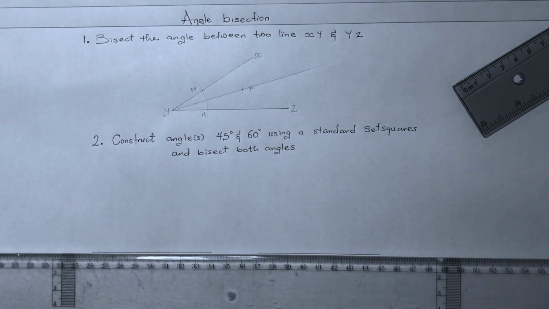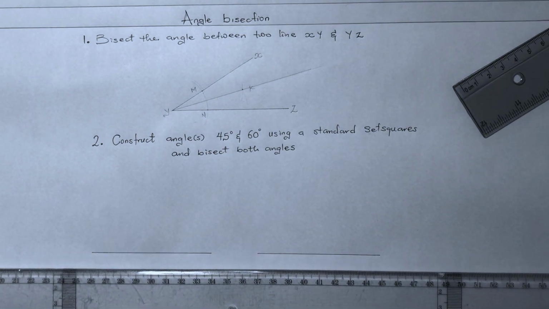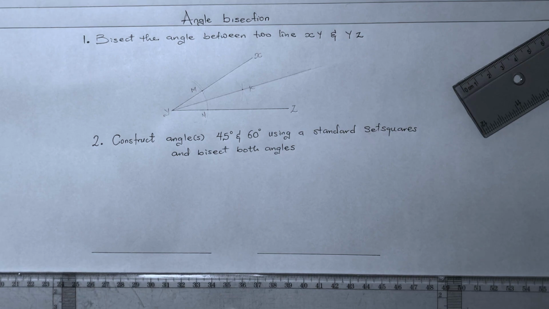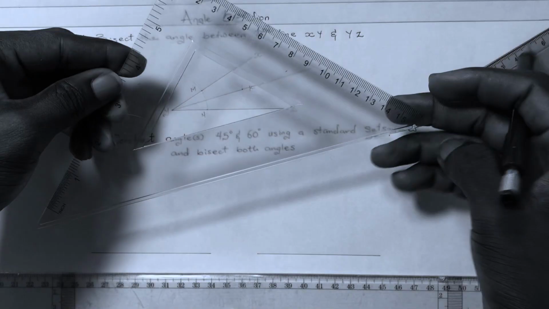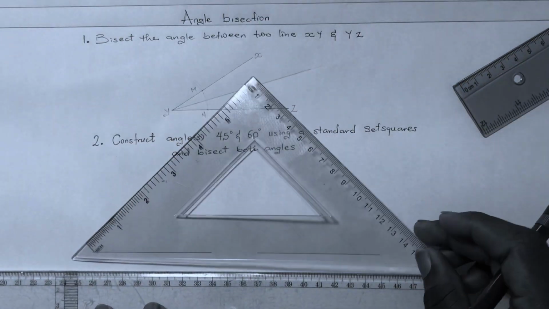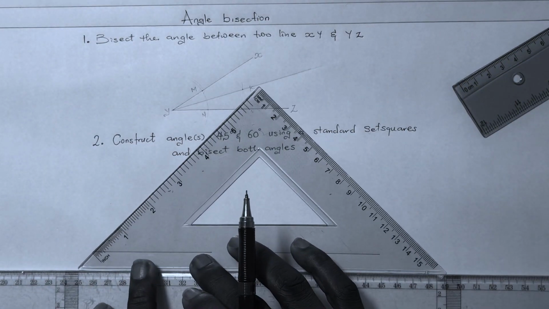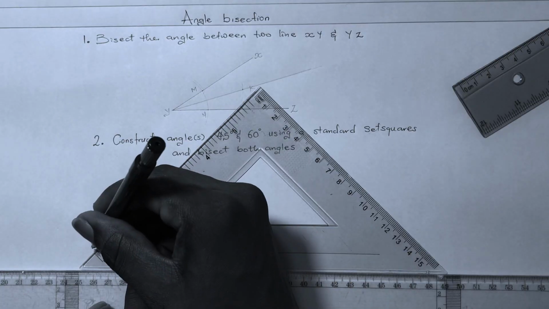To construct an angle of 45 using our set scale, we have a 45-degree set scale which we are going to be using to construct our angle of 45 degrees.